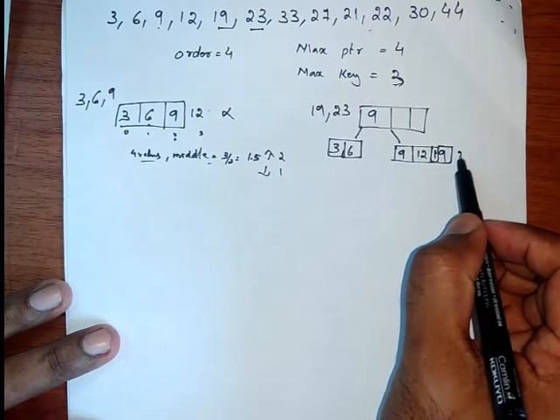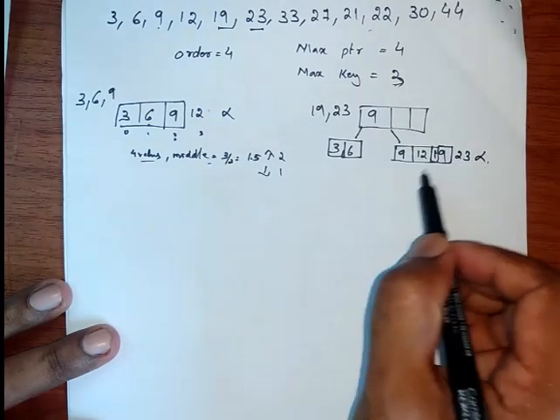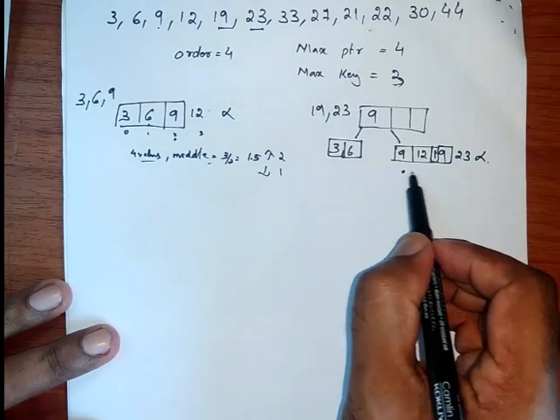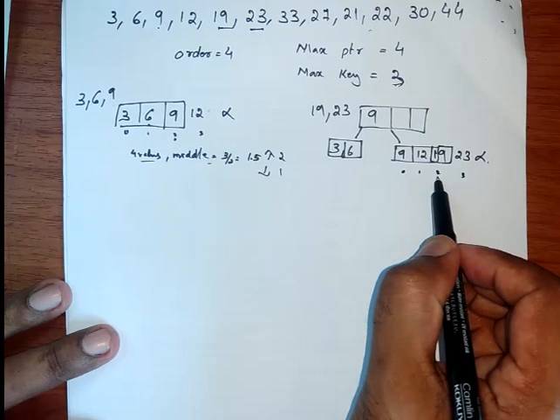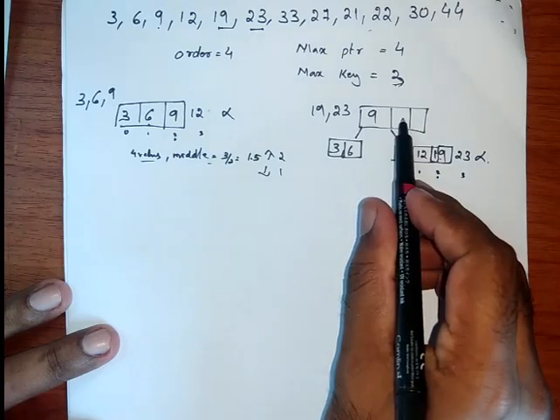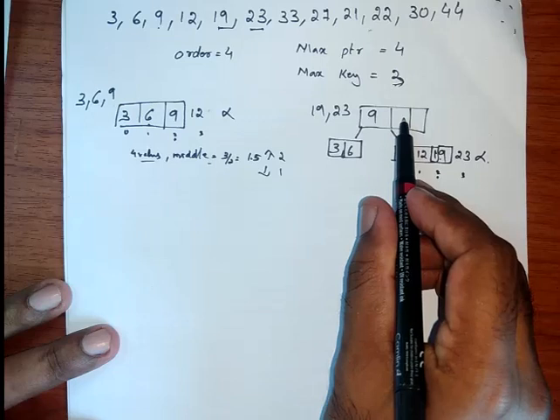So 23 will come to the right subtree, but it is actually creating a violation against our rule. So we find the middle value. Again I am taking the biasing to up, that means I am rounding up. So we have to move the value in the index position 2. In the entire tree I am moving the value in the index position 2, so the value is 19.